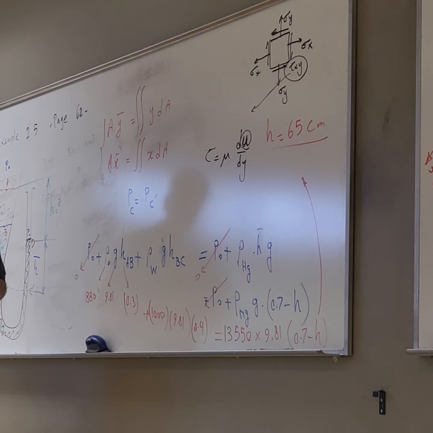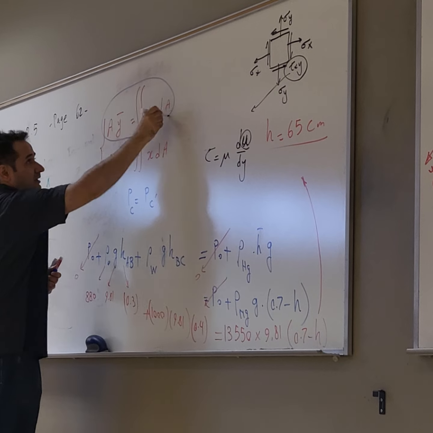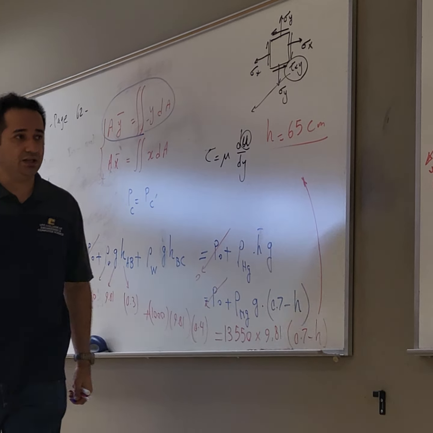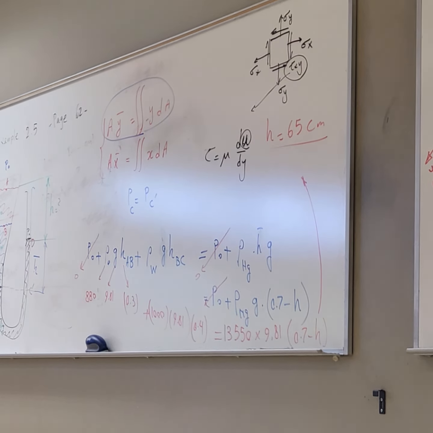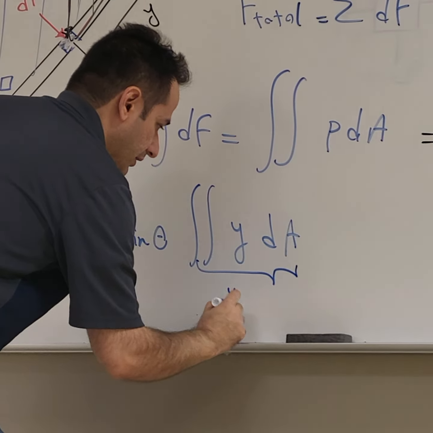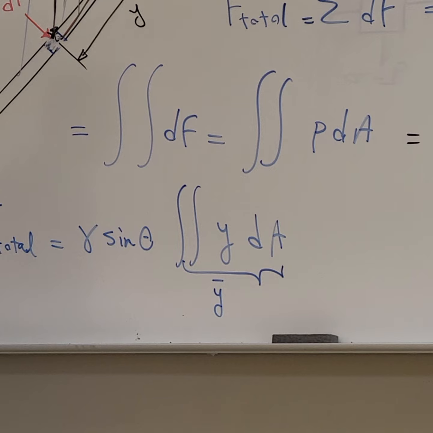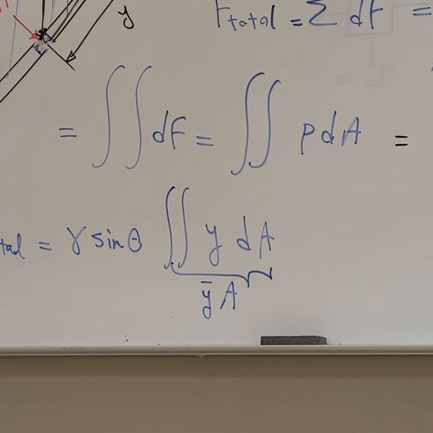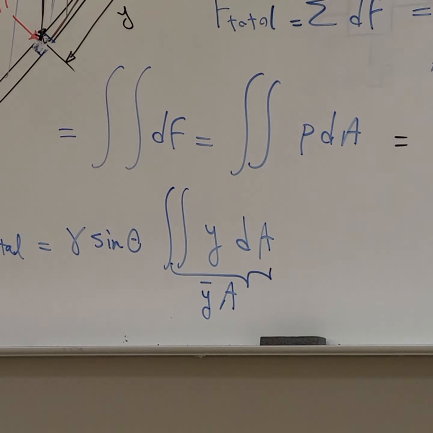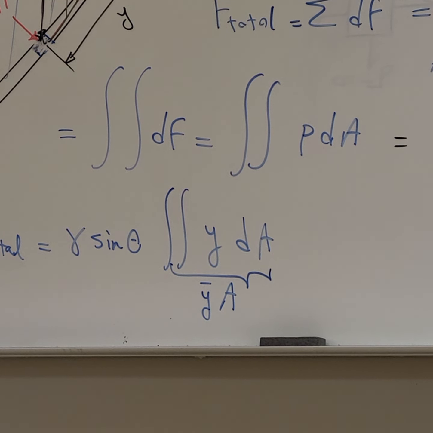So you can use this relation here. Instead of y dA, we can put y bar, the location of the centroid, times A. Why do we do this? Why do we try to get something in terms of the centroid and moment of inertia?